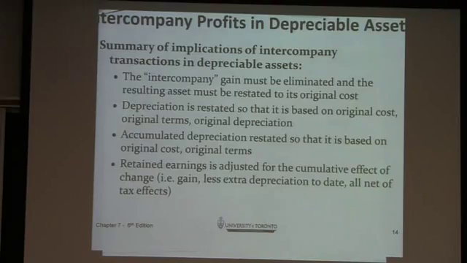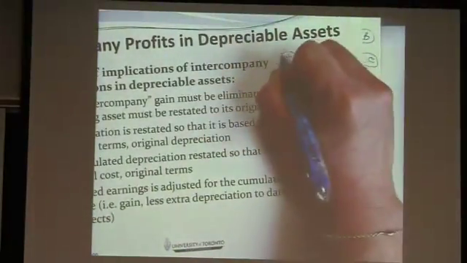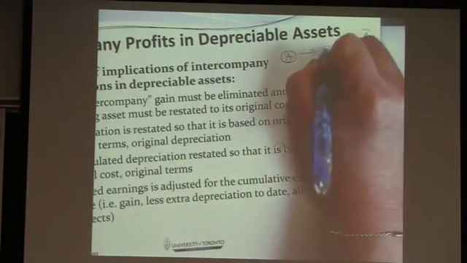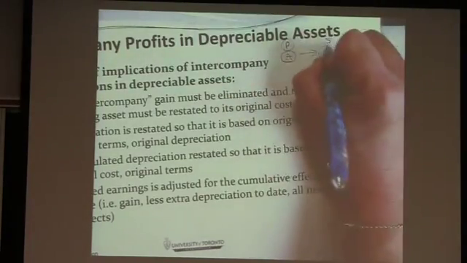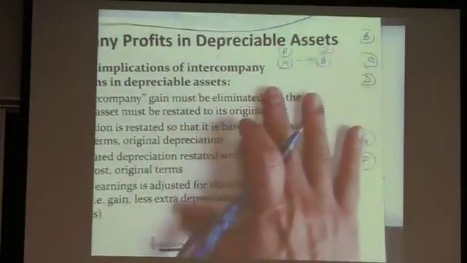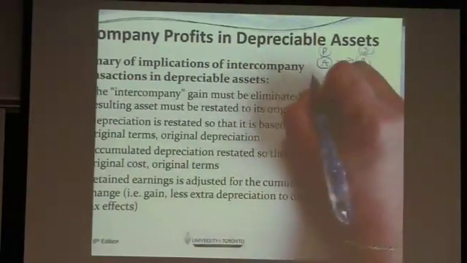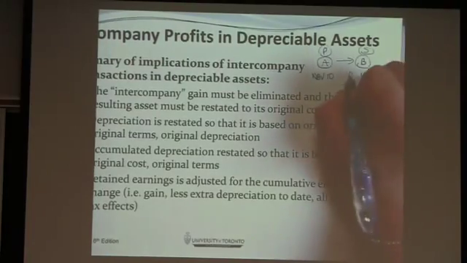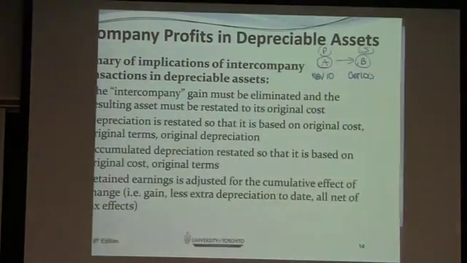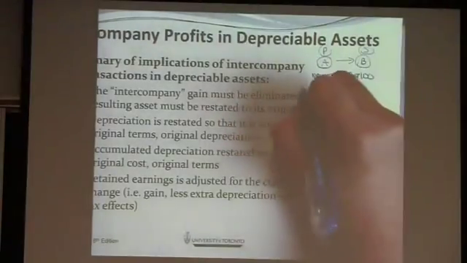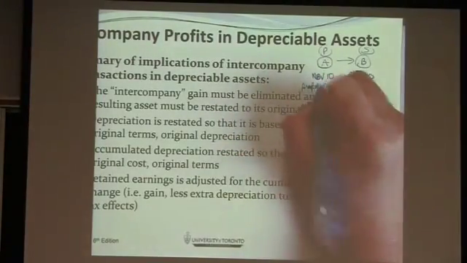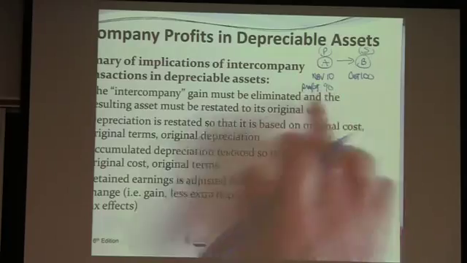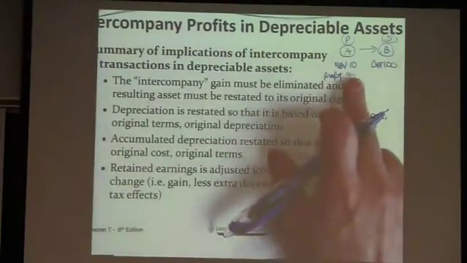Now, remember, let's say company A sold an asset to company B, the parent and the sub. Let's say the net book value is 10 and they sold it for $100, then you'll see that the profit of 90 needs to be eliminated.